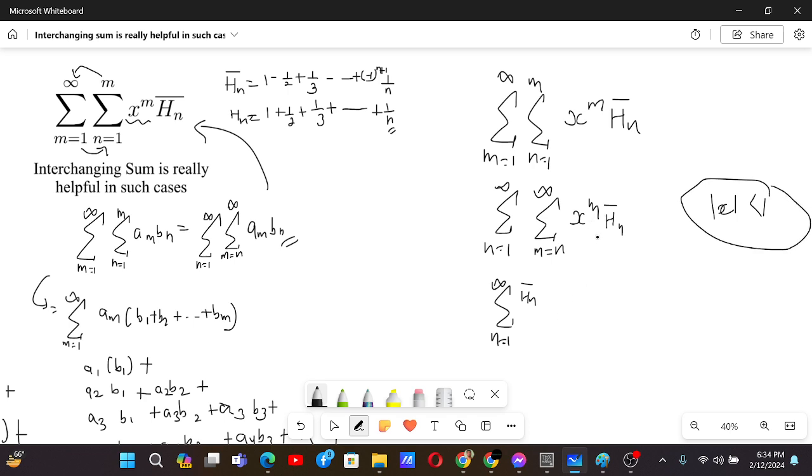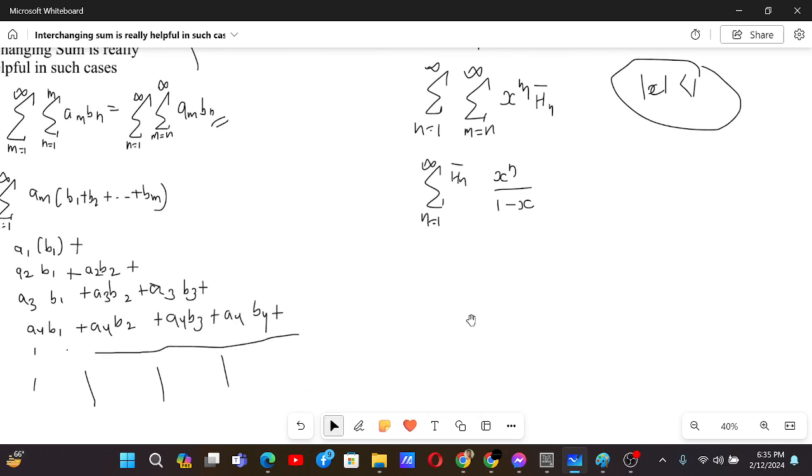In that case, our sum will be: the first term is x to the power n, and the common ratio is x, so we get x to the power n over 1 minus x. Now we can take 1 by 1 minus x outside.